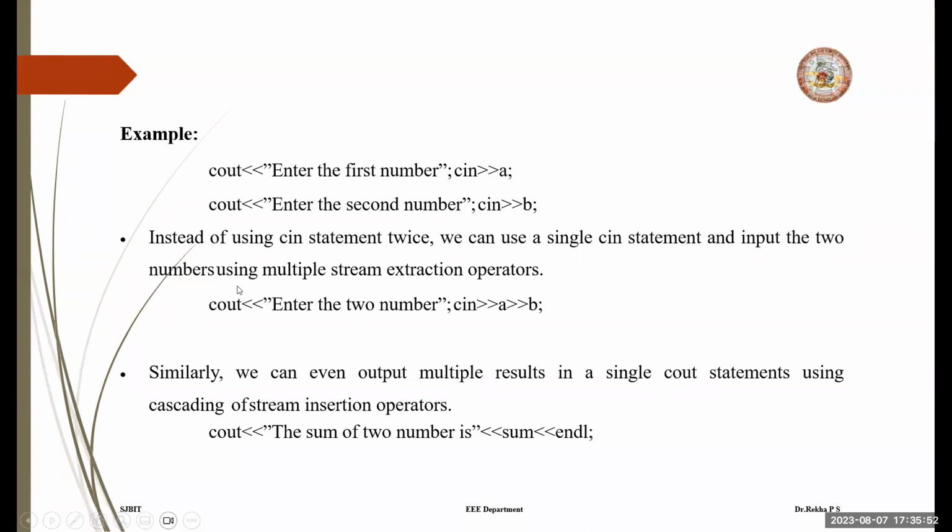Instead of using this twice, we can also use a single cin statement and input the two numbers using multiple stream extraction operators. How? Enter two numbers. Instead of telling first number, second number, and so on, you can tell the user to enter two numbers. Whatever the user enters, the first number will be saved in A, the second number will be saved in B. So this is how the operator is cascaded.